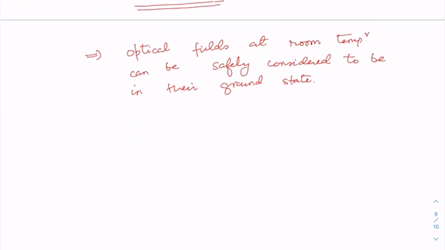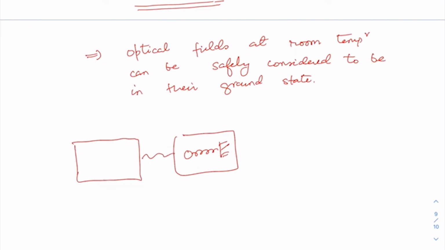Why am I saying that? Because if you have a mechanical oscillator, and you put it in contact with an optical field, even if the optical field is at room temperature or some finite temperature, you can consider it to be at temperature T equal to 0 because it is in the ground state.